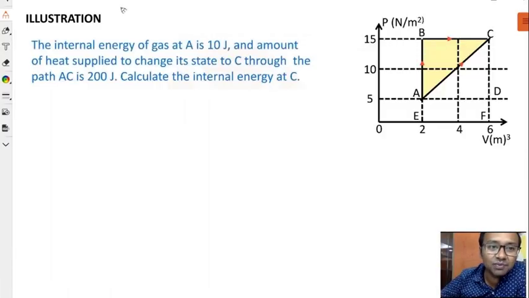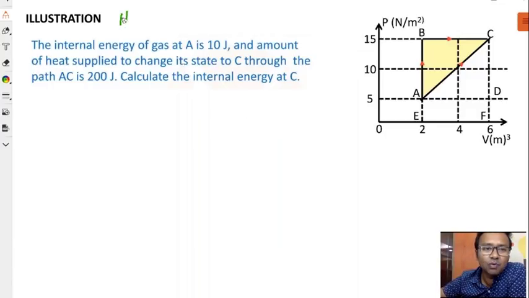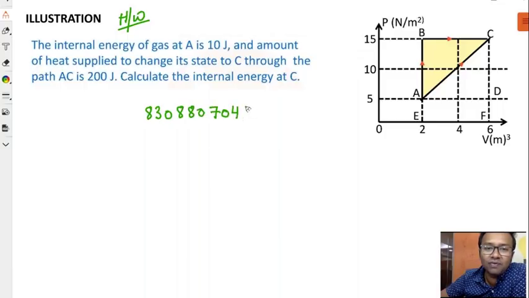Now, next one, students, you have learned this particular style for each process, how to apply the first law of thermodynamics. Do one thing, take it as homework. Students, my phone number is 8 30880745.